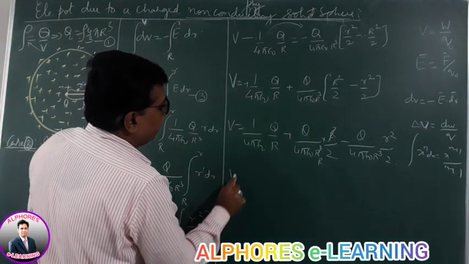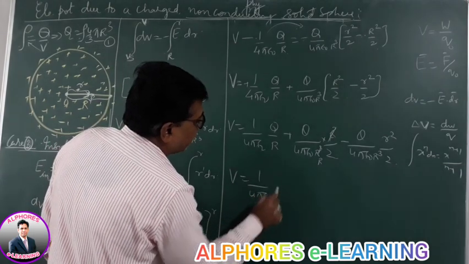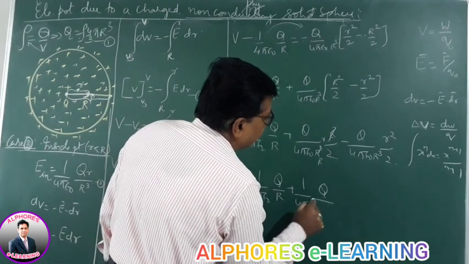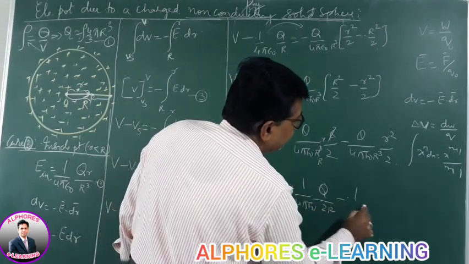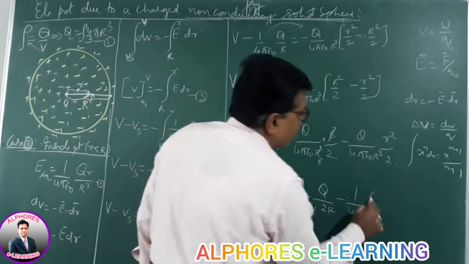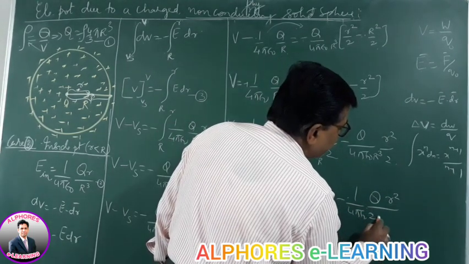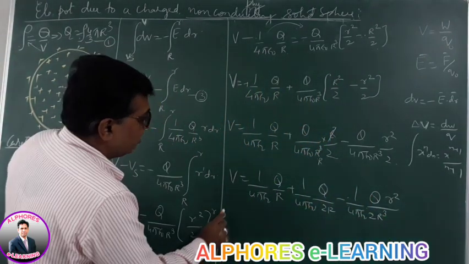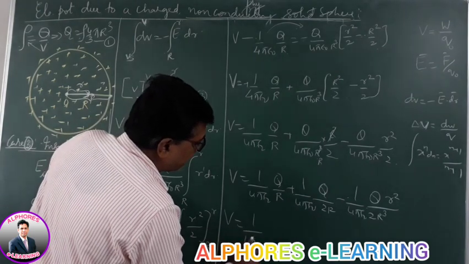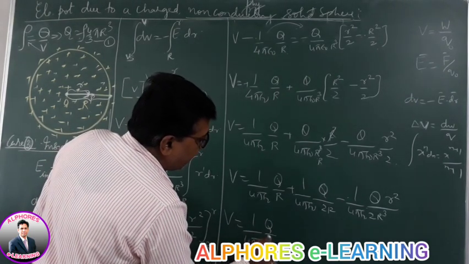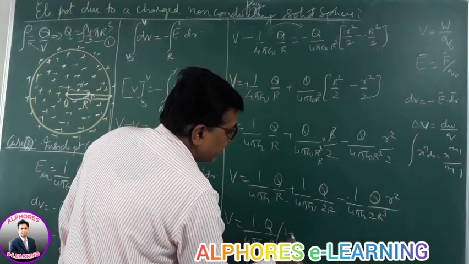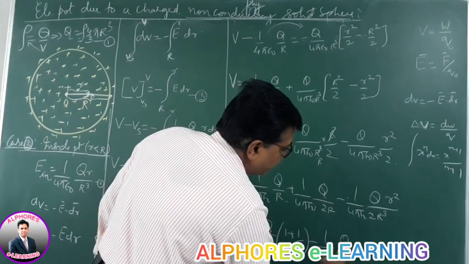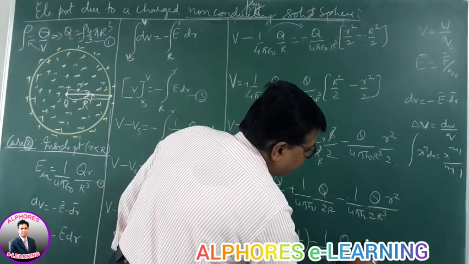So therefore V is 1 by 4 pi epsilon naught capital Q by r plus 1 by 4 pi epsilon naught capital Q by 2r minus 1 by 4 pi epsilon naught capital Q r square by 2r cube it is. So taking LCM for these both, V is equal to 1 by 4 pi epsilon naught Q by r, taking common for these both, it's 1 plus 1 by 2 minus 1 by 4 pi epsilon naught capital Q by 2 r cube into r square.